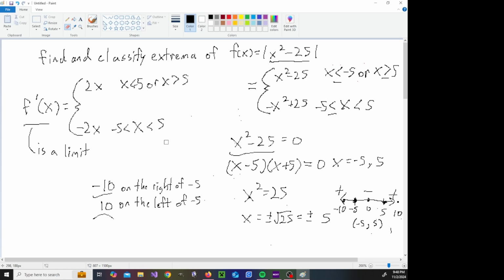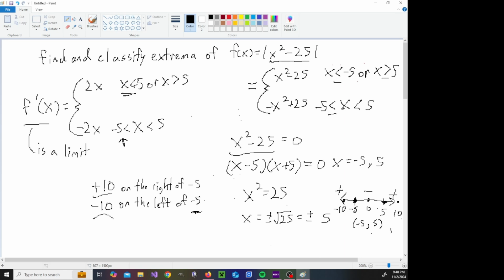Wait, yeah. Oh, I made a mistake. Sorry. These signs should be switched, right? If I'm on the left of negative 5, I'm looking here, plug negative 5 into this, I get negative 10. If I'm on the right of negative 5, we're on this interval, I plug negative 5 into negative 2x and I get positive 10, right?